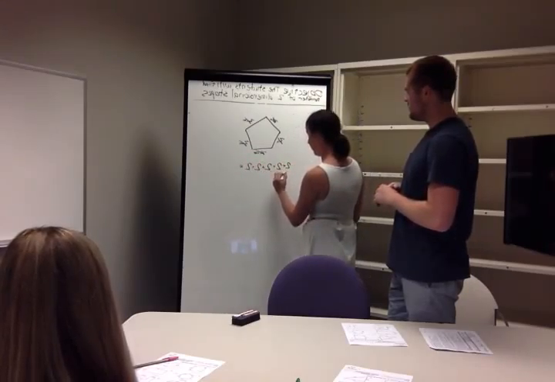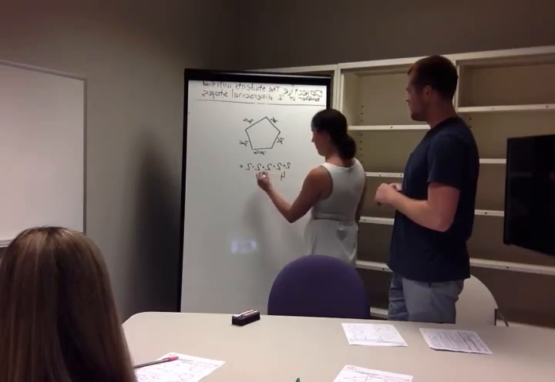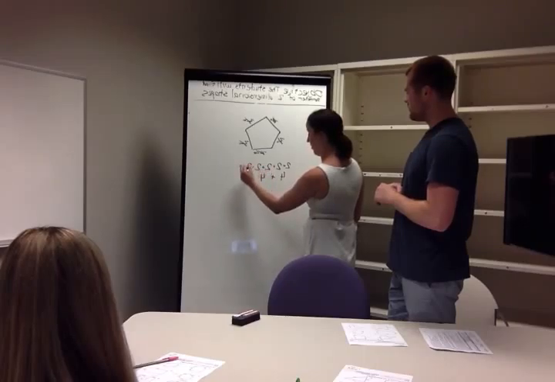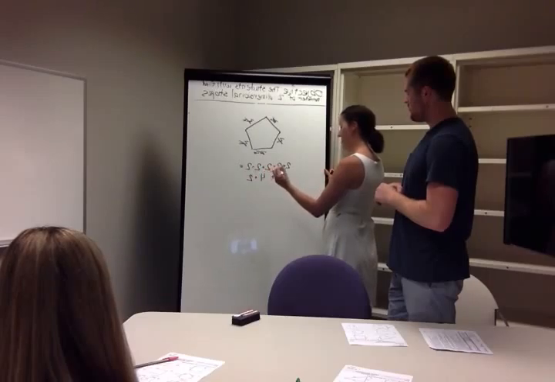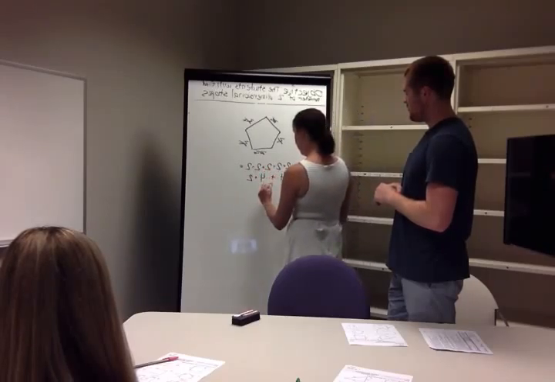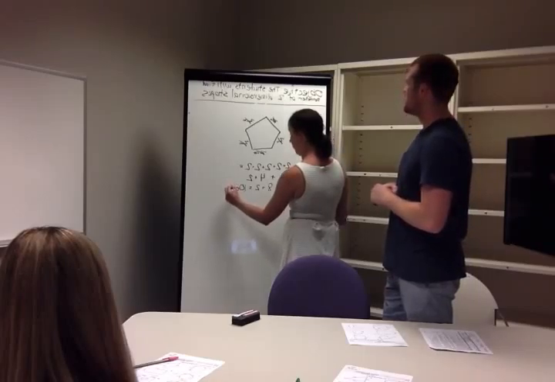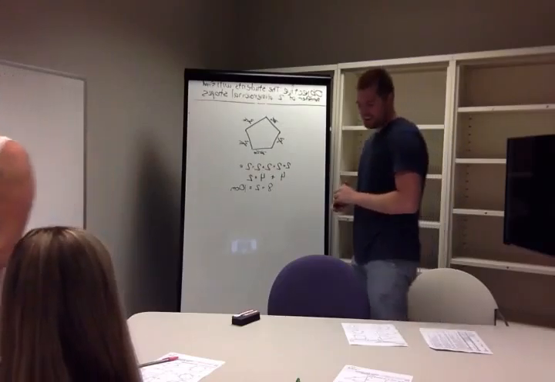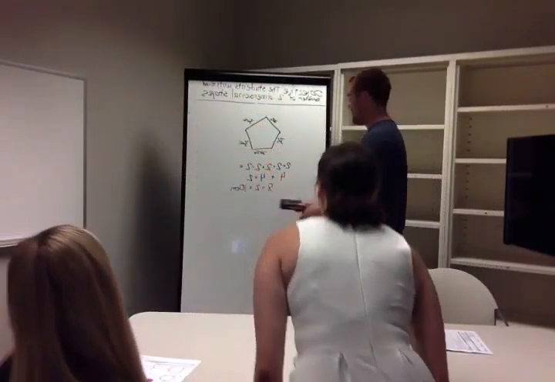So I did 2 plus 2 is 4, and then 2 plus 2 is 4 again. And then there's one more 2, so I just brought that down. And then I did another group, so 4 plus 4 is 8, and then plus 2, and then 8 plus 2 is 10, and it's centimeters, so I put centimeters. Very nice. You're a rock star, Megan. Thank you. Does this make sense to you, Hannah? Mm-hmm. All right, great.